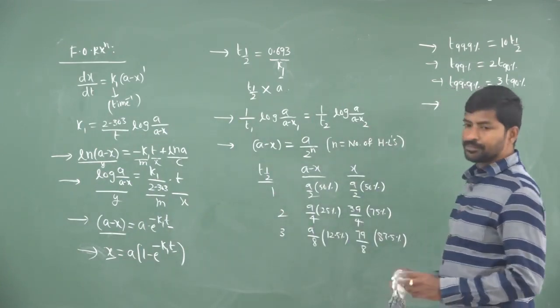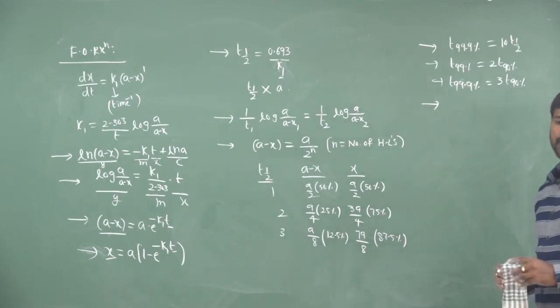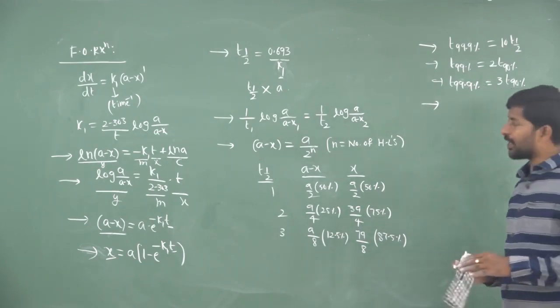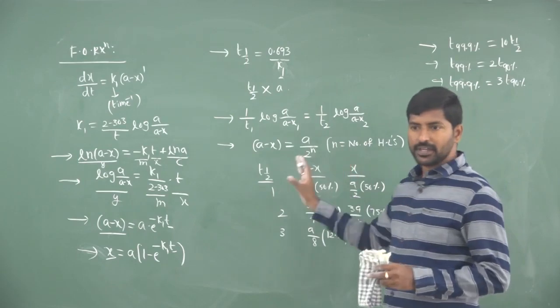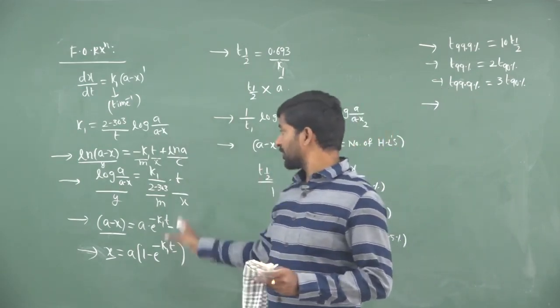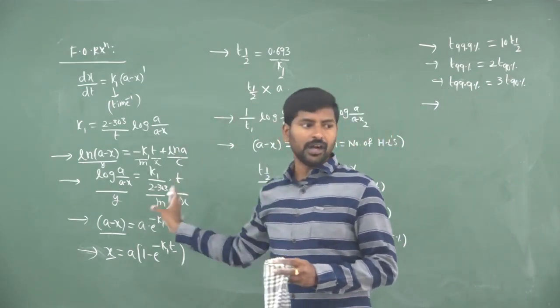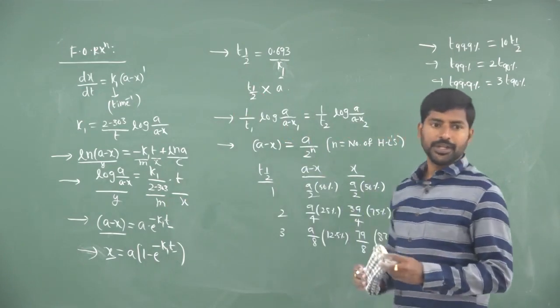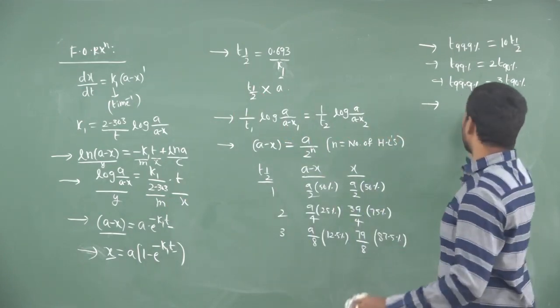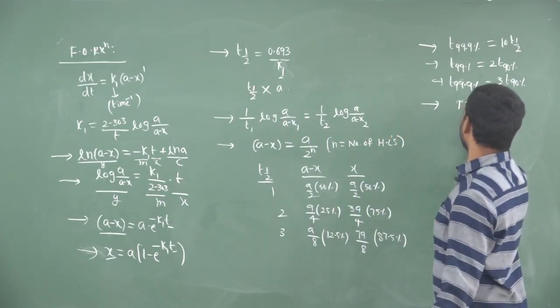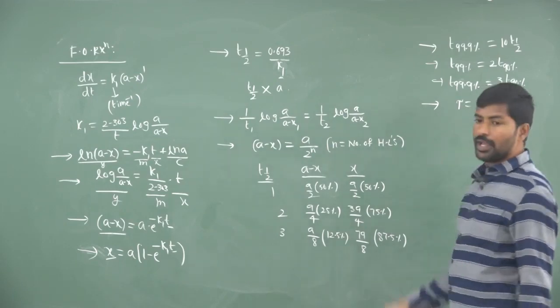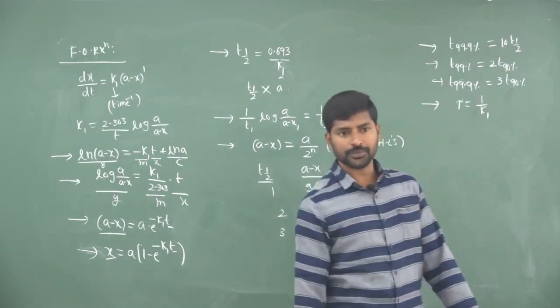Next, we discussed radioactive decay. Radioactive decay follows first order kinetics, so whatever equations we have for first order kinetics are applicable to radioactive decay also. But in radioactive decay, the inverse of the rate constant is called the average lifetime of the radioactive substance.